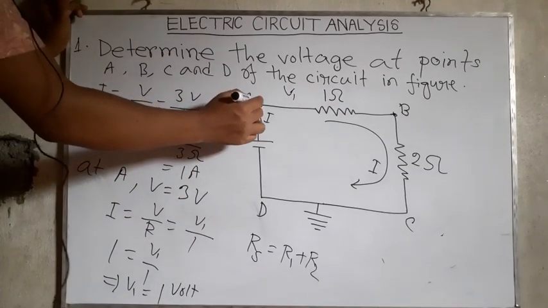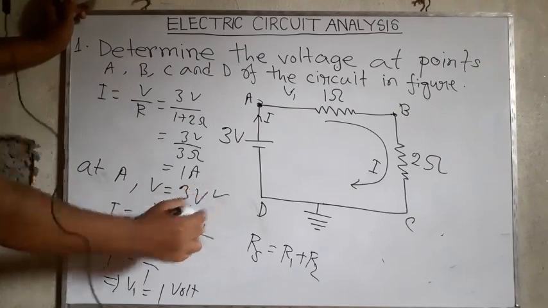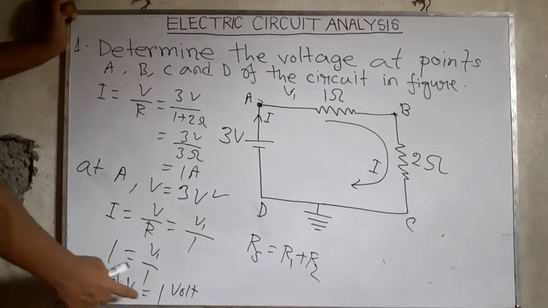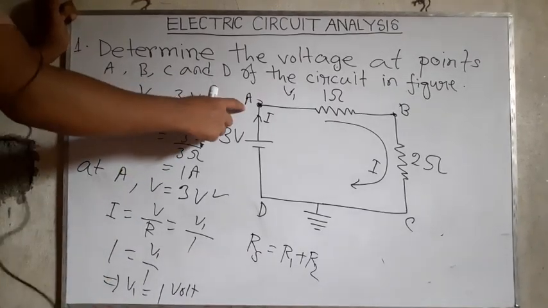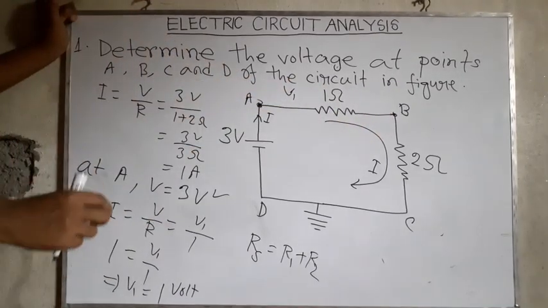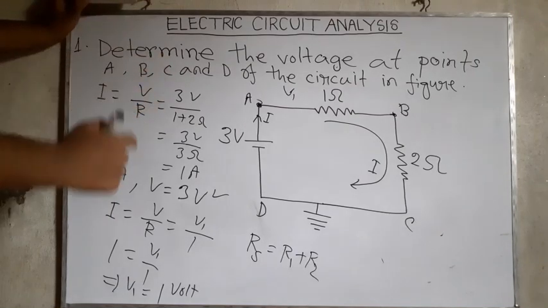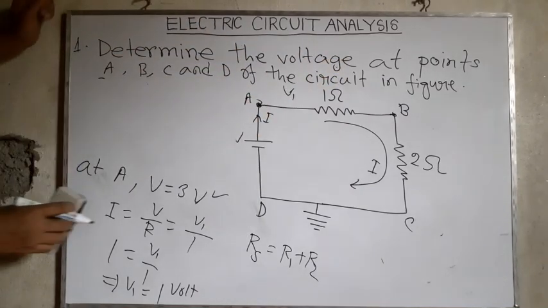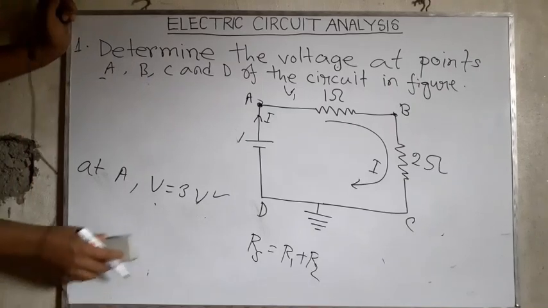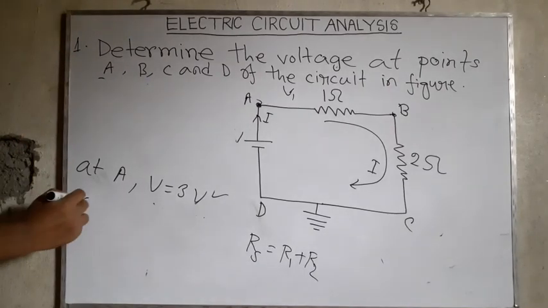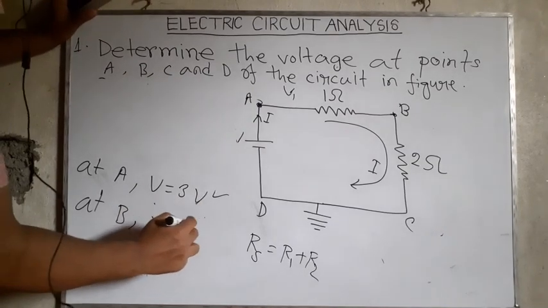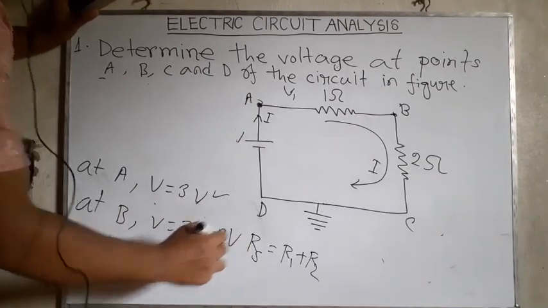Here the potential at A is 3 volt and the potential difference between point A and point B is 1 volt. Then B must be 3 minus 1 is equal to 2 volt, because the potential difference is 1 volt. Therefore, we can write the potential at B, V is equal to 3 minus 1 is equal to 2 volt.